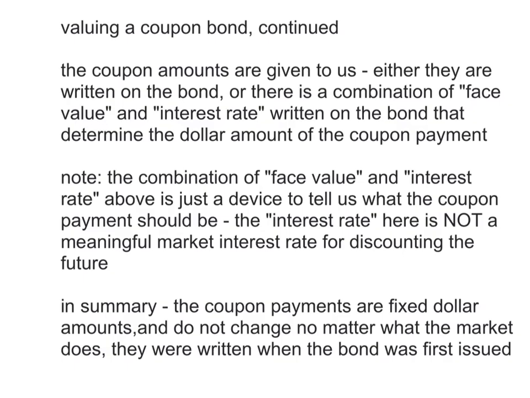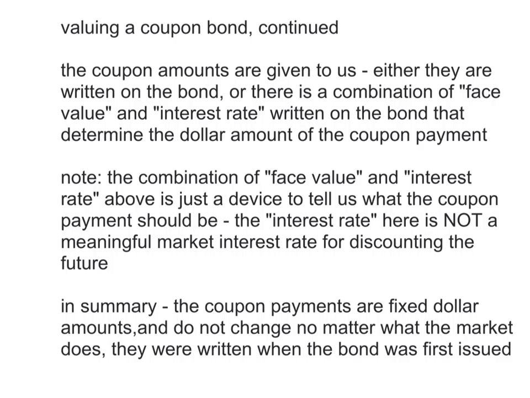So let's get how the valuation thing works. The coupon payments are given, determined by what's written on the bond, or there's some combination of something called the face value and something called the interest rate that's written on the bond, and that combination of face value and technical interest rate is simply a device to tell us what the coupon payment is.